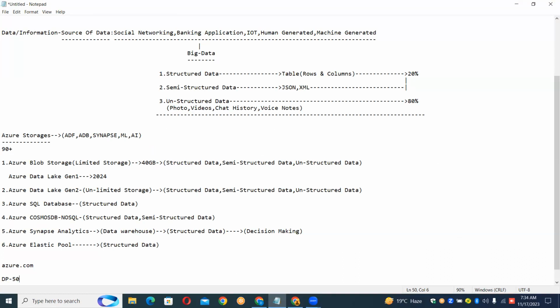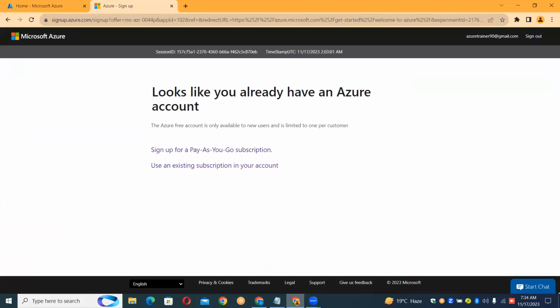Okay. One more thing, is it related to Azure Ignite? Is it data engineering? No, even when you talk about Ignite, everything comes under Azure data engineering. It's a part of data engineering only.